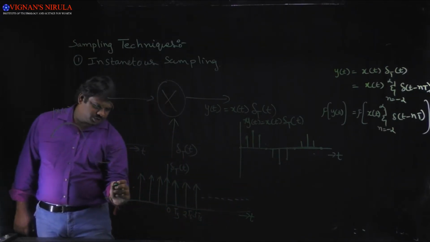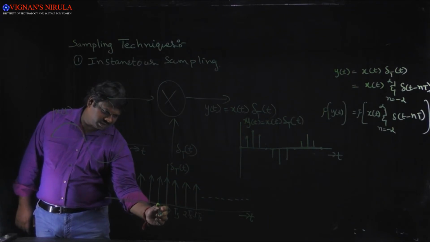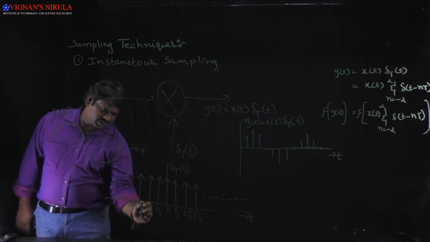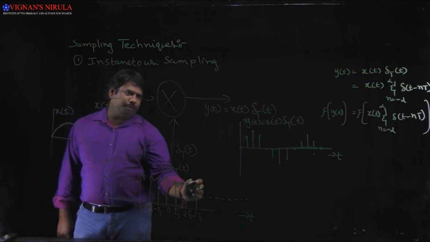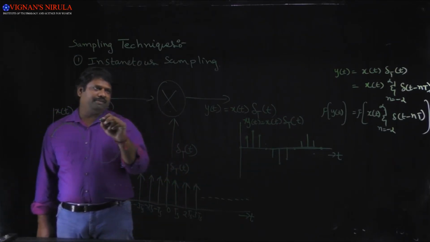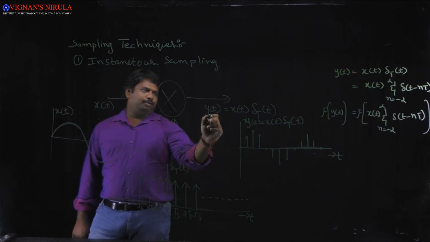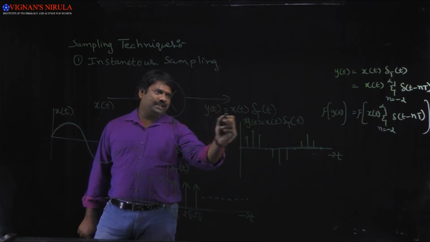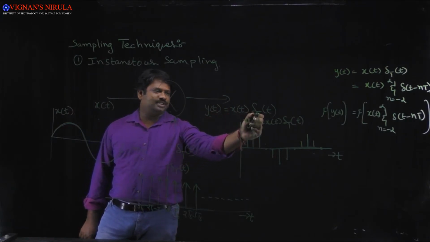On the negative side also, we have impulses at minus ts, minus 2ts, minus 3ts, and so on. This is the train of impulses. This will be multiplied with our continuous signal, so we get the output y of t as x of t times the train of impulses function.